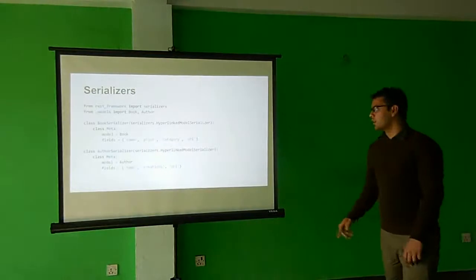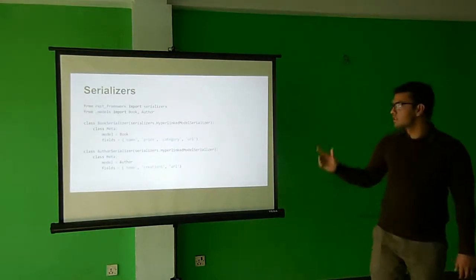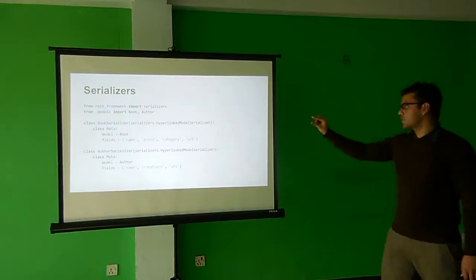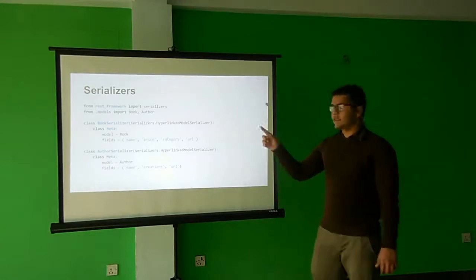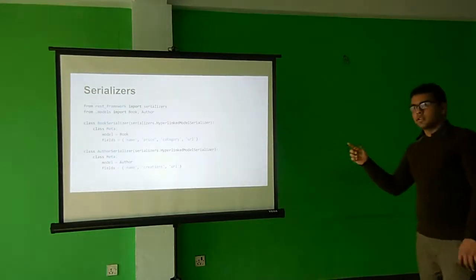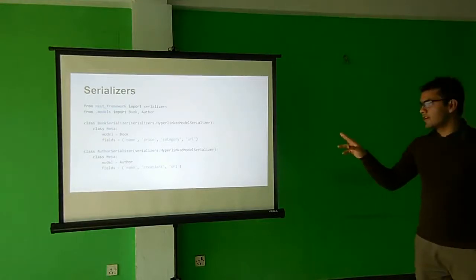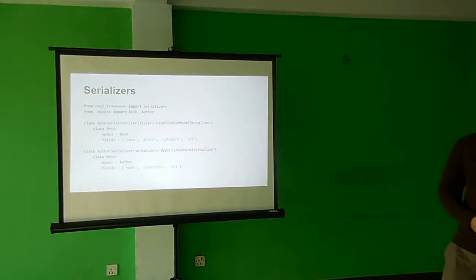And similarly, author contains three fields: name, creation, and URL. So this is the serializer for book and author. We need to import serializers from REST framework and then provide the name of the model that acts as the data source, and then the selected fields which we need to represent in the API.